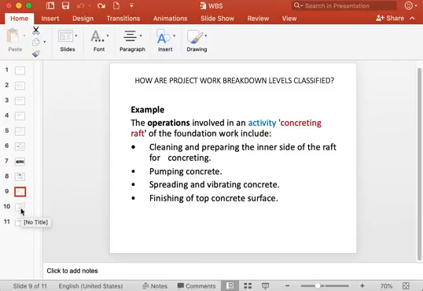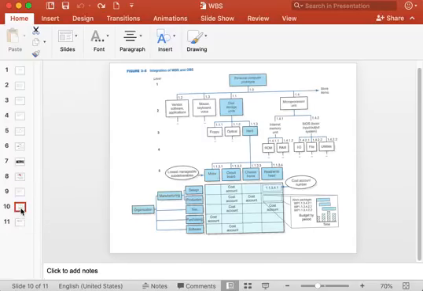Okay, so after you do that, you can see another example here of the project of making a personal computer prototype, which is broken down into various levels.